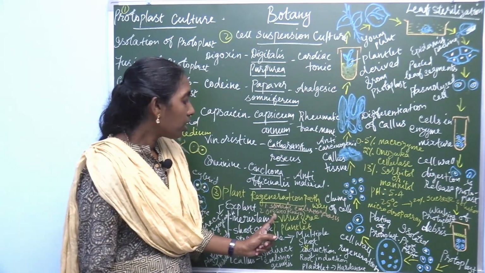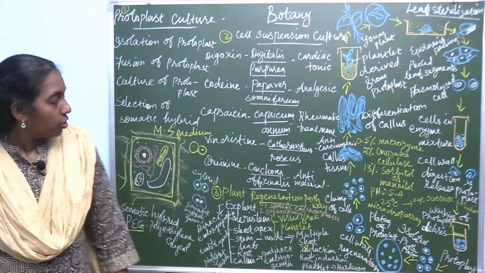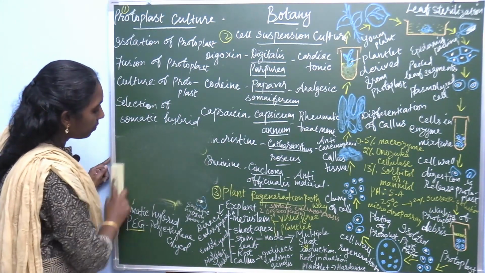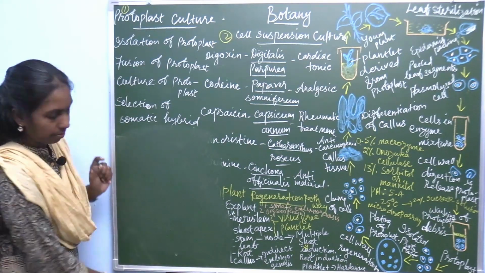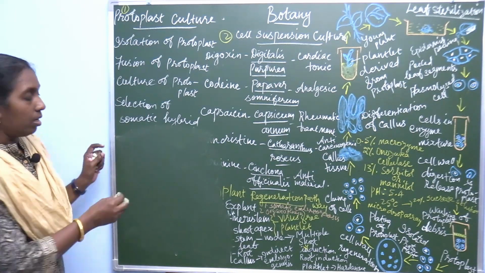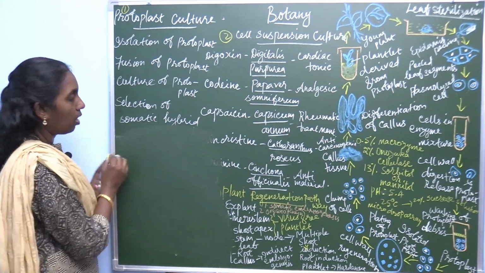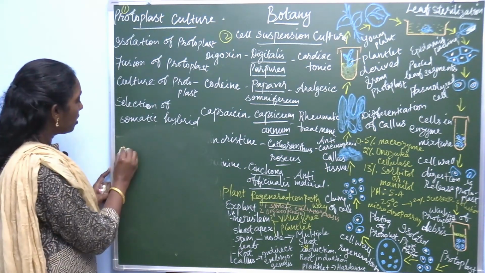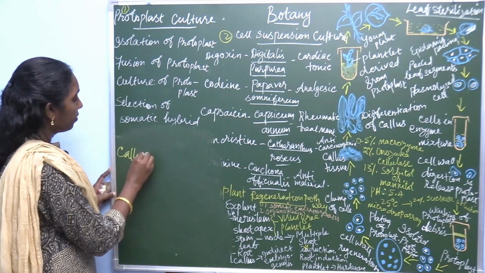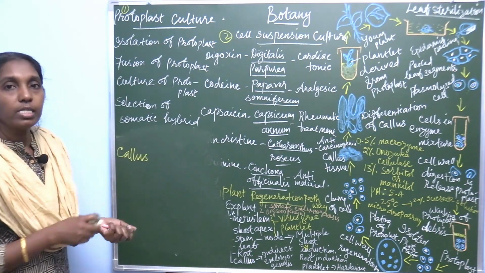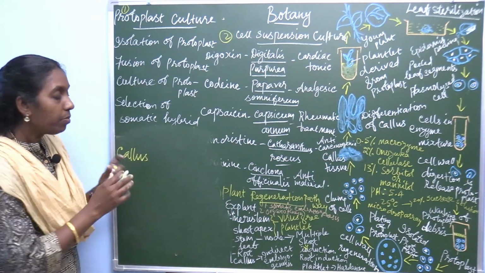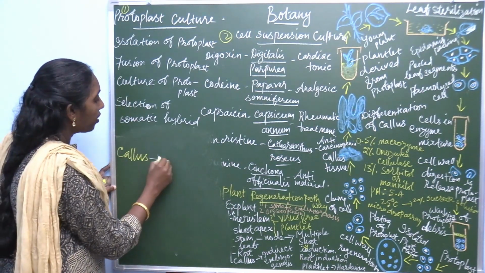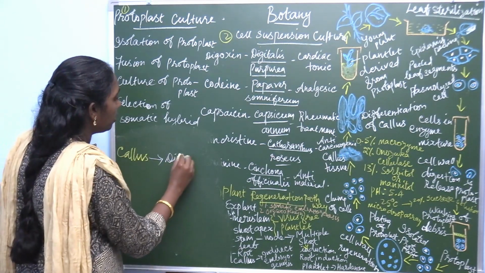Another one, organogenesis. In organogenesis, how does it produce? At first, this callus is developed. From the callus, the differentiation takes place.